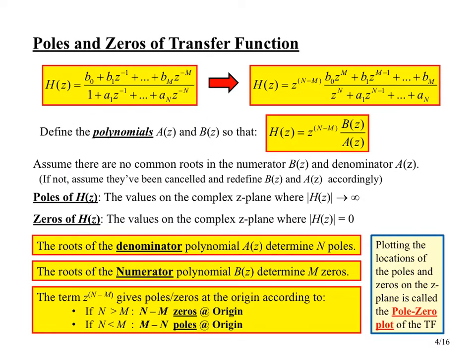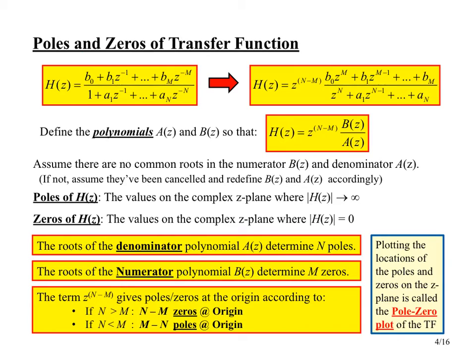Okay, so once we have the transfer function in the z inverse form, it's very easy to convert it into the z form. How we do that will depend upon the relationship between m and n. But regardless of what the relationship is, if you end up multiplying all this stuff out, you'll end up with something out in front that is just z to the n minus m.